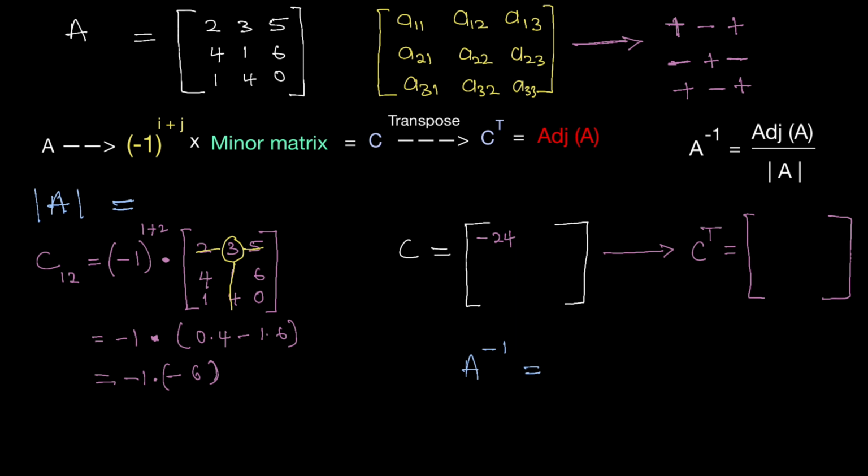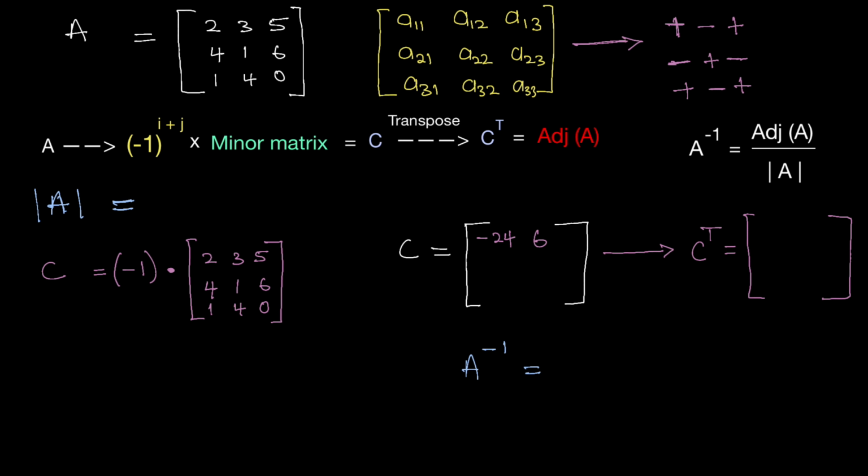Minus 1 times minus 6 is plus 6, so we put 6 here. I need to find the element C13, 1 plus 3, that's positive 1 times the element, horizontal line, vertical line. The minor matrix determinant is 4 times 4, 16, minus 1 times 1, which is 15.